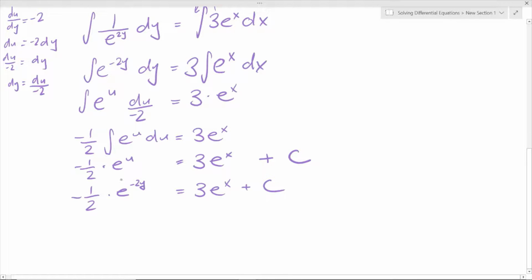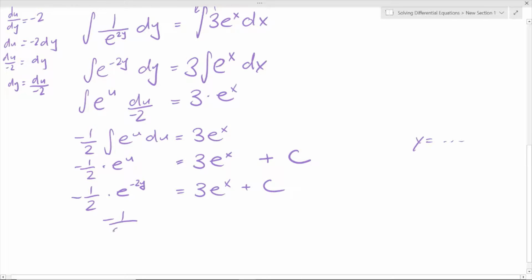However, it is not quite right because we haven't isolated for y. So let's isolate for y, so we have an equation of the form y equals something. To do that, we see that this is basically e to the exponent of 2y, but in the denominator.